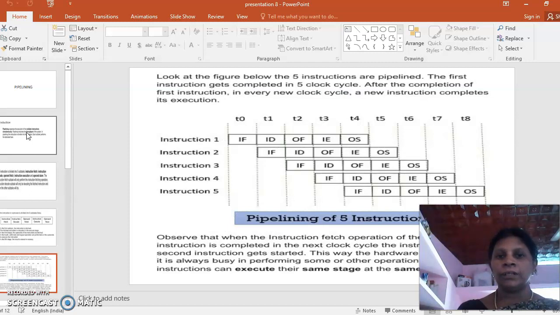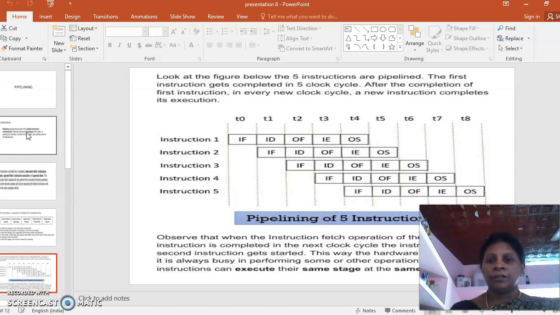Now we'll look at this figure given below. The 5 instructions are pipelined. The first instruction gets completed in 5 clock cycles. After the completion of the first instruction, in every new clock cycle, a new instruction completes its execution.